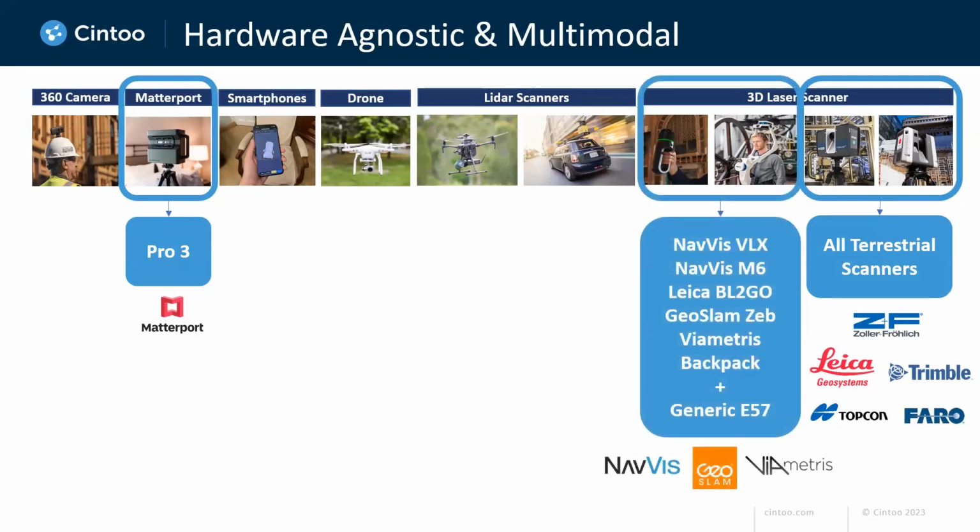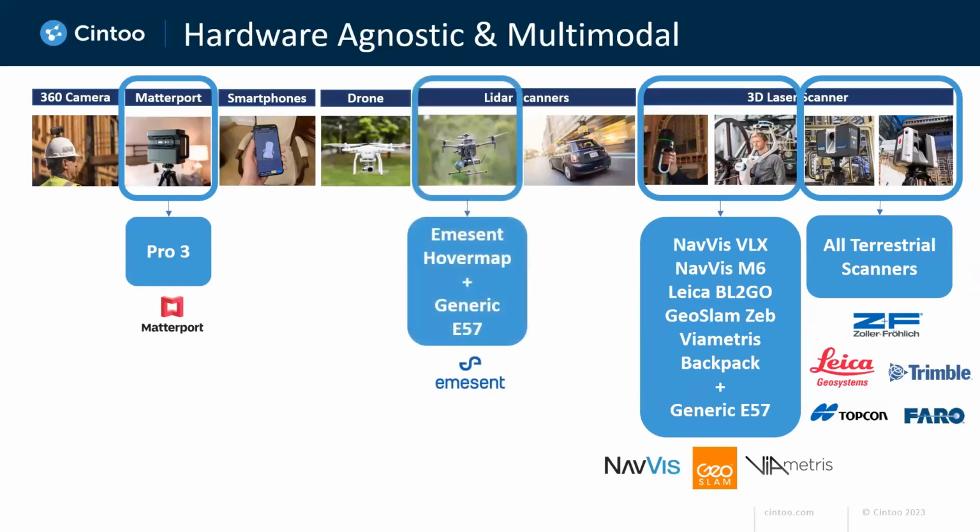We are also now able to upload more indoor mobile scanners, with scan data coming from NavVis VLX, M6, Leica BLK2GO, and GeoSLAM devices, or via Metris, or any other one through a generic E57 that will contain your camera trajectory. You can use the same technology for MSN Overmap, which is a LiDAR on the drone.